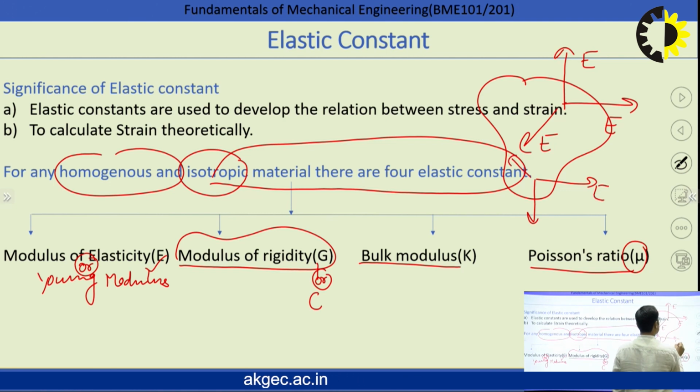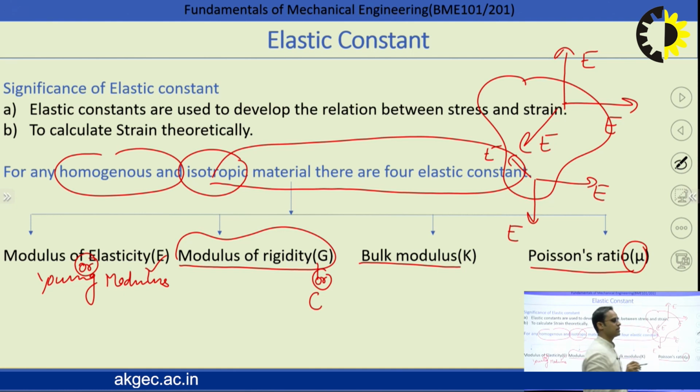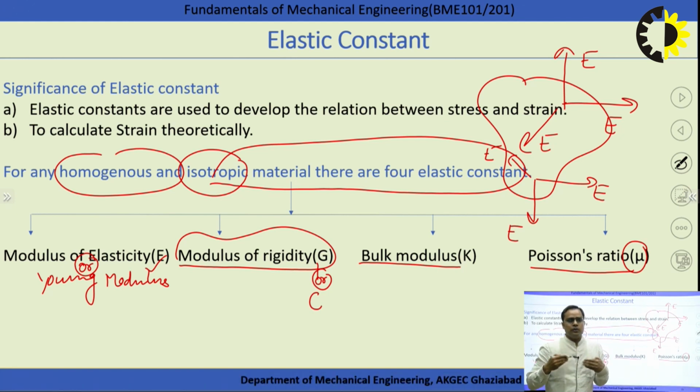If I consider another point on the body and another direction and the material constant is the same, then the material is said to be isotropic and homogeneous, right? One by one we will see how these elastic constants are useful to develop the relation between stress and strain, which stress and which strain.